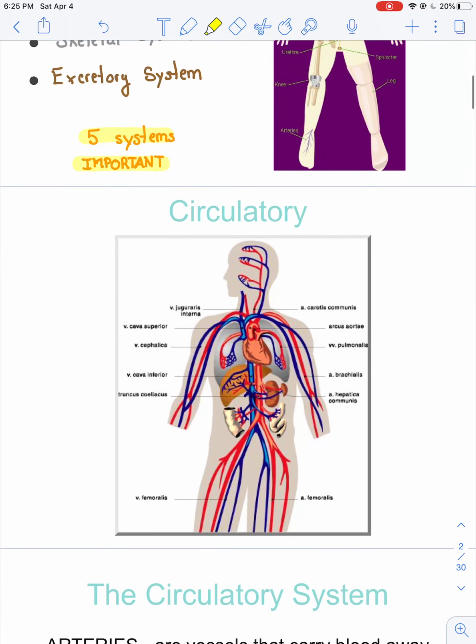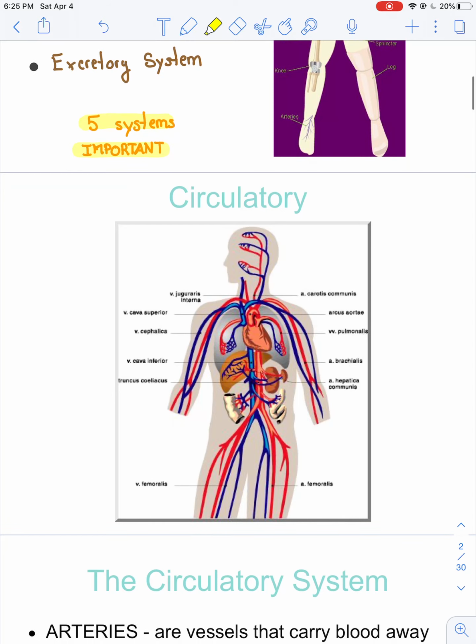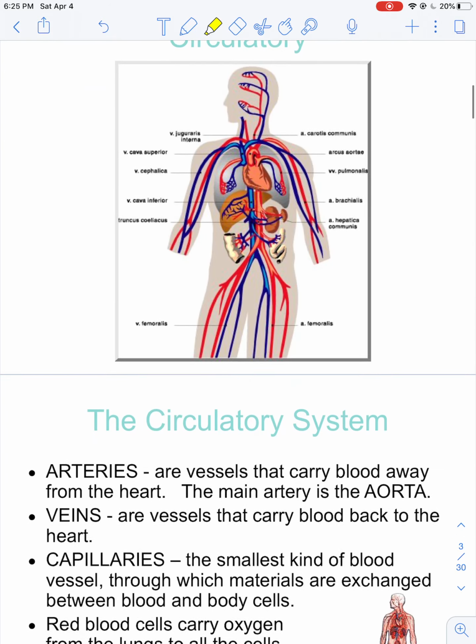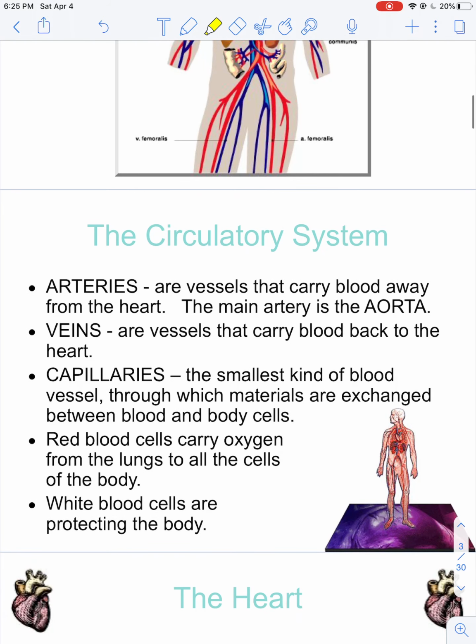You have the red ones are the arteries, the blue ones are the veins. We cannot see the capillaries, but they're very important. So arteries are vessels that carry blood away from the heart. The main artery is the aorta. Donc on a une artère principale qui s'appelle l'aorte. Very important to know that word.